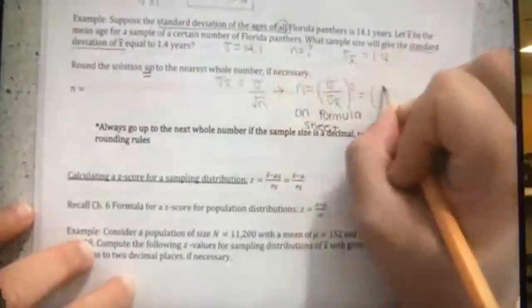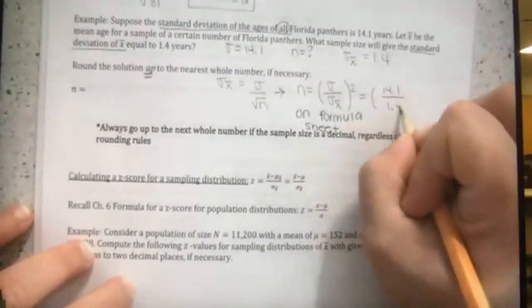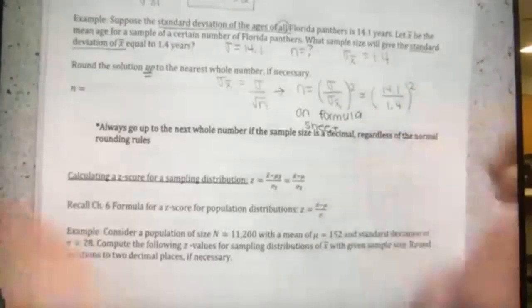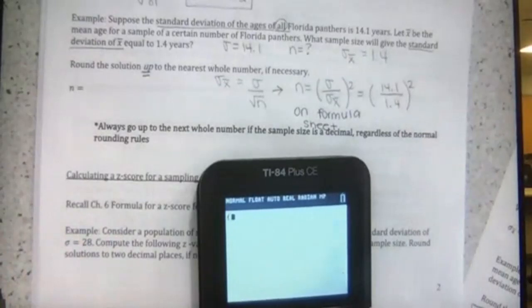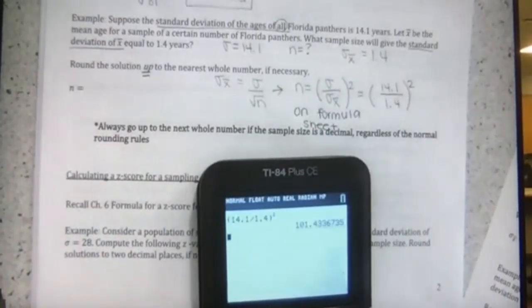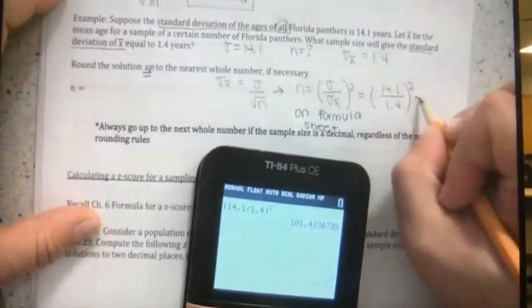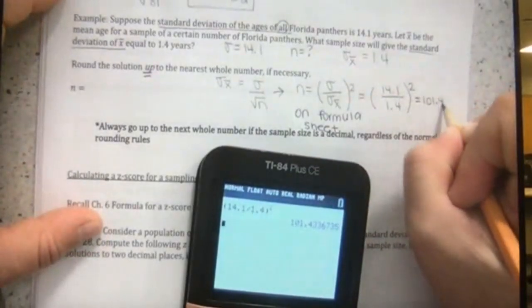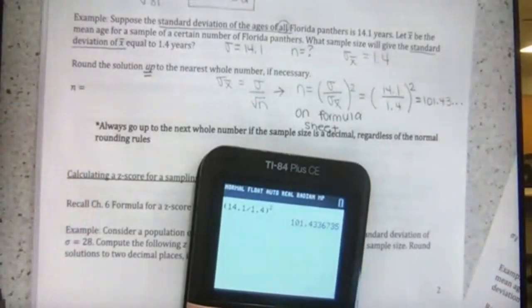So we know sigma is 14.1 over sigma sub x bar, which we know is 1.4, squared. Just like I see it in parentheses, 14.1 divided by 1.4, squared. And we get 101.43 and so on.